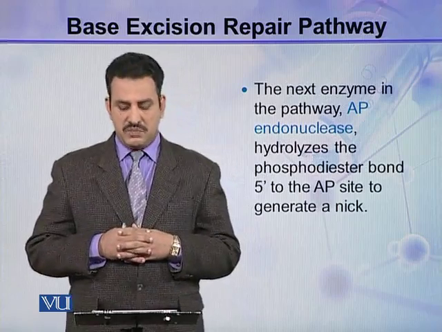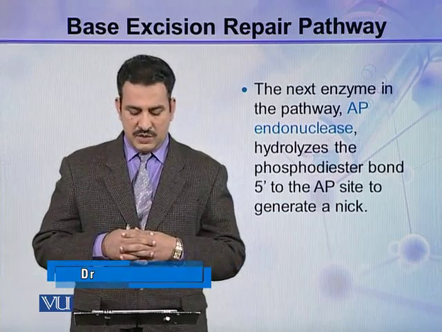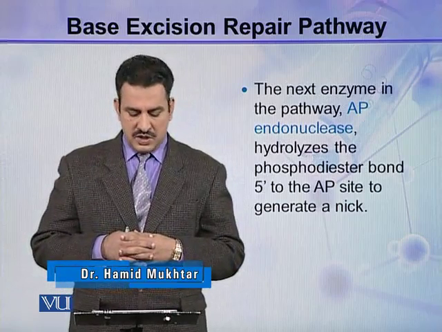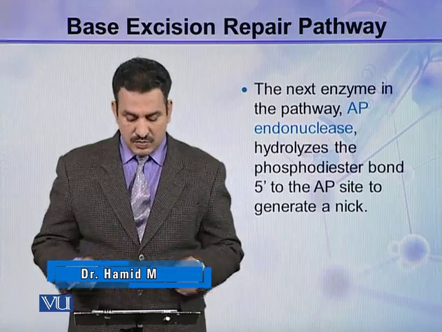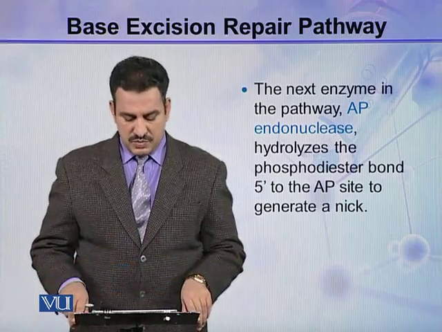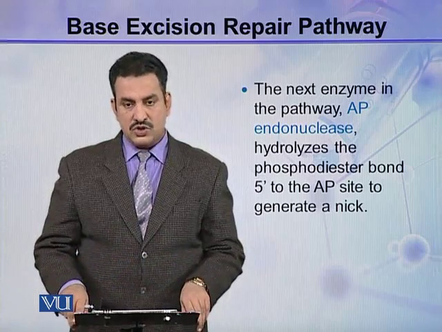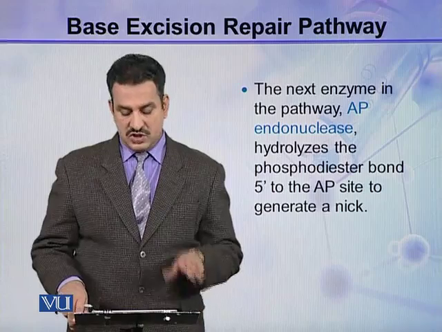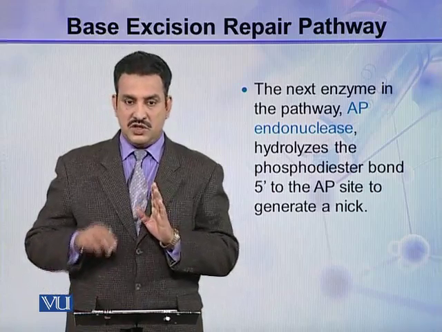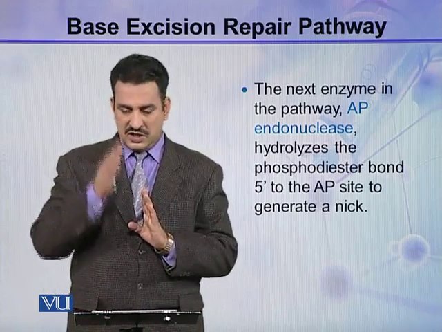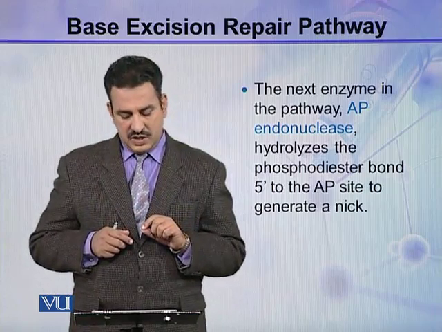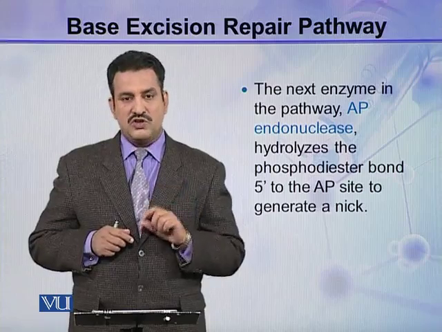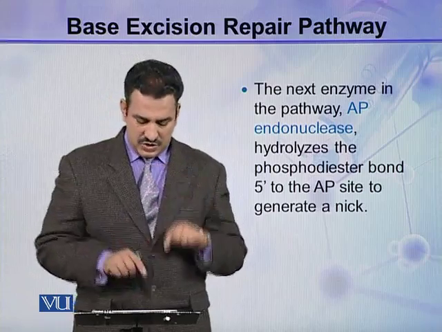The next enzyme in the pathway is AP endonuclease, and this enzyme hydrolyzes the phosphodiester bond 5' to the AP site to generate a nick. So this second enzyme cuts the strand from 5' to the AP site to generate a nick or a cut.